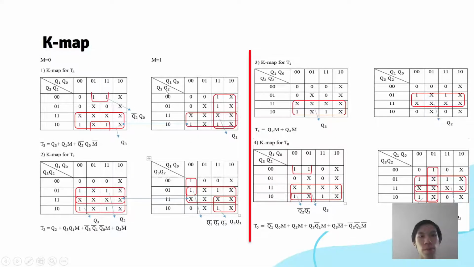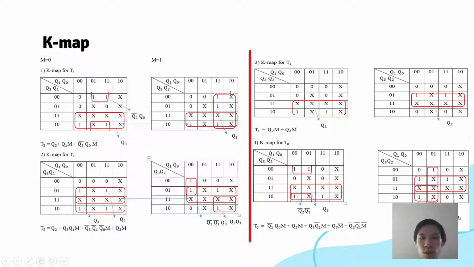Then we also need to apply K-map to all the inputs, but for a K-map which has 5 inputs, we need to divide it into 2 parts, which is M equals 0 and M equals 1. And we also group the 1s accordingly, and we found that for these 2 K-maps, they have the same common group, which is Q3. This means that this output Q3 does not depend on M, so we just write down Q3.